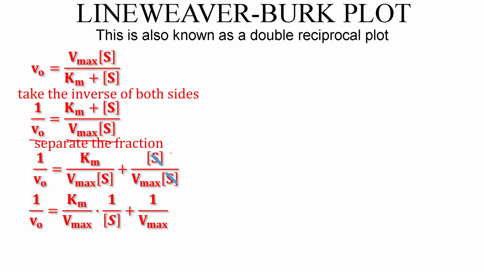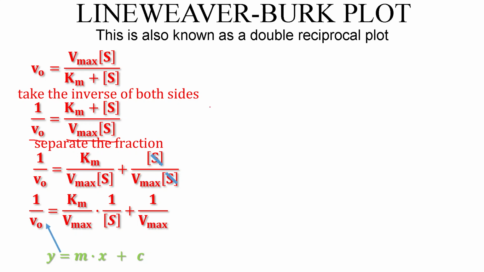Now, when you look at this final equation, it's showing you a straight line plot, which shows you that y is equal to m multiplied by x plus c, where m is the slope of the graph, and c is the constant at the y axis.